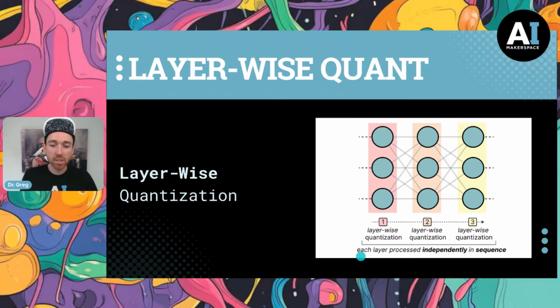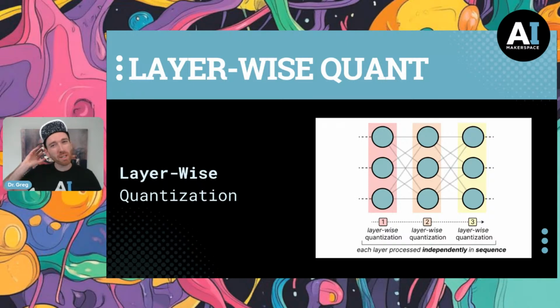This means that each layer is processed independently and sequentially. This adds a little bit of complexity, because that's not what we were doing in the naive implementation. We just said, all the weights, quantize them. Now we're doing this layer-wise thing.